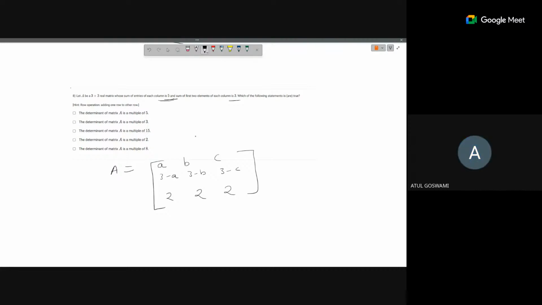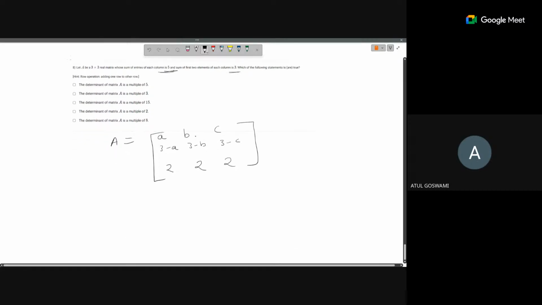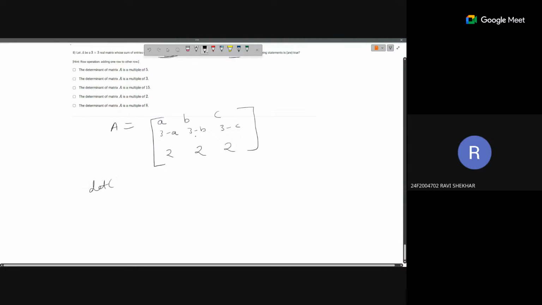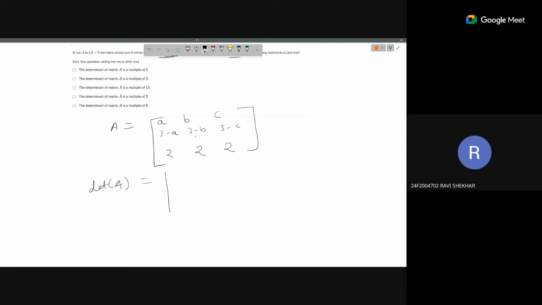Okay. What the determinant of A is, you will be able to see. So what you have to do is actually apply the operations, because basically you have to talk about the determinant. So in this question, I'm having doubts in the options because we can somehow make two rows equal.